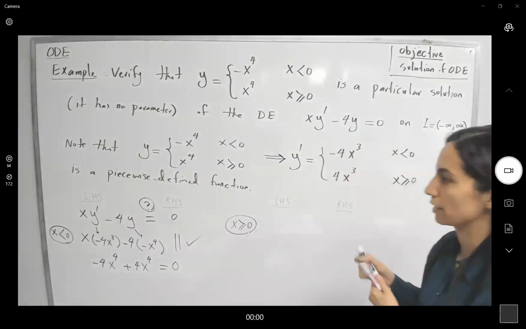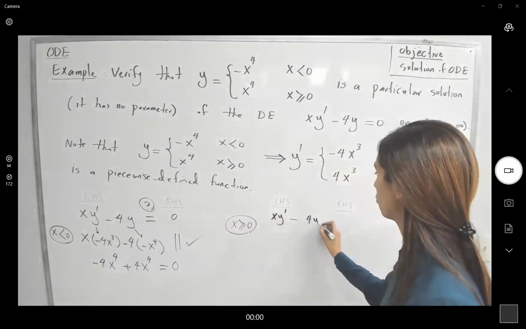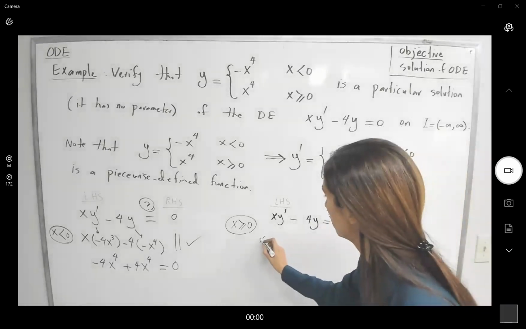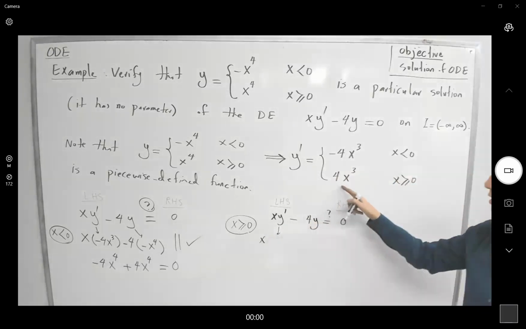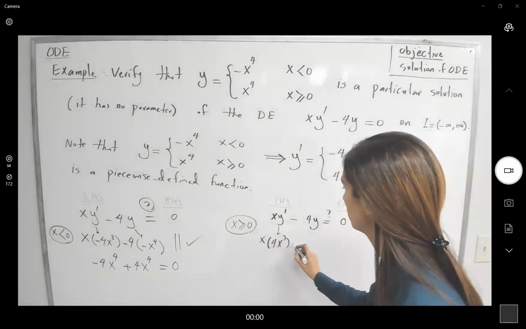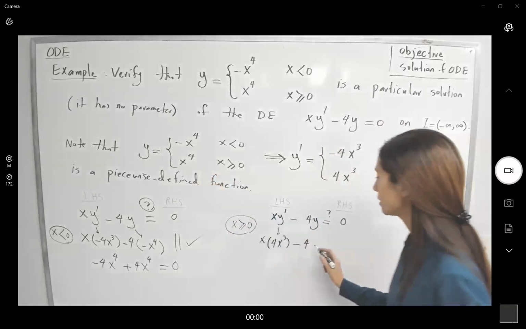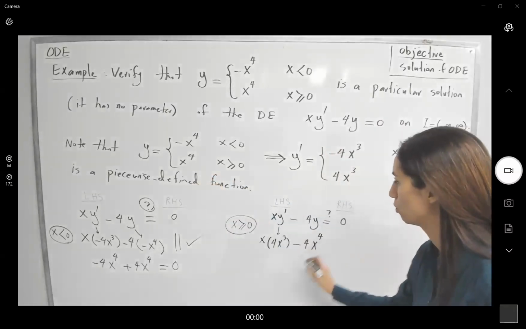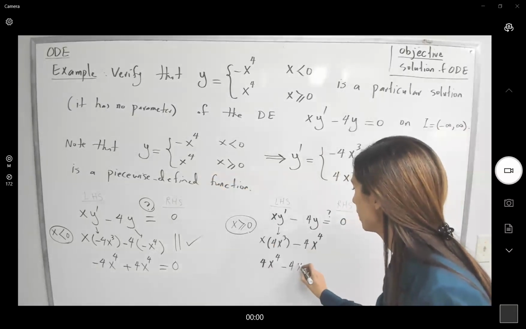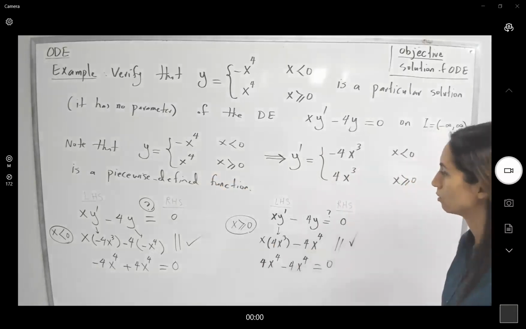Very well, I get xy prime minus 4y, is this equal to 0? x is x. y prime is 4x cubed. Minus 4 times y, which is x to the fourth. Well, what do you have? You have 4x to the fourth minus 4x to the fourth. They are opposite to each other. It's 0, so they are equal to each other.